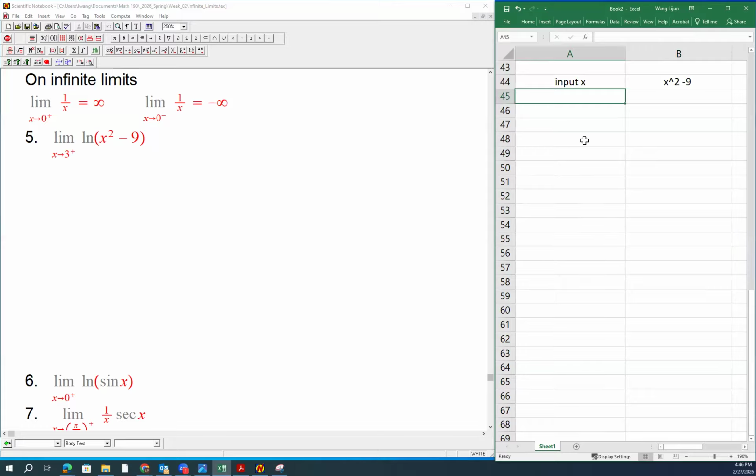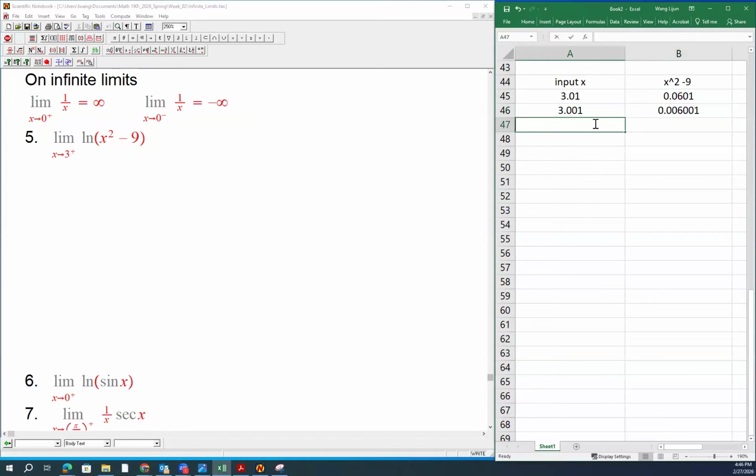If I choose the input as 3.01, x squared minus 9 will be a number closer to 0. Now if I choose 3.001, the number is even closer to 0 but larger than 0.